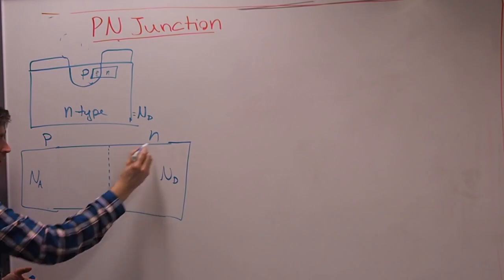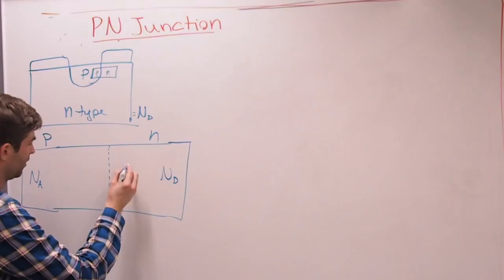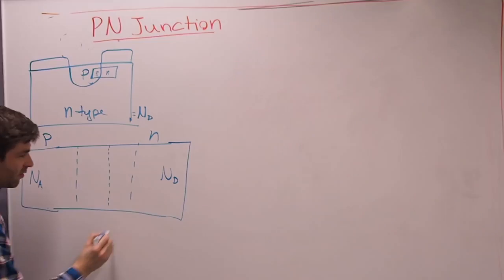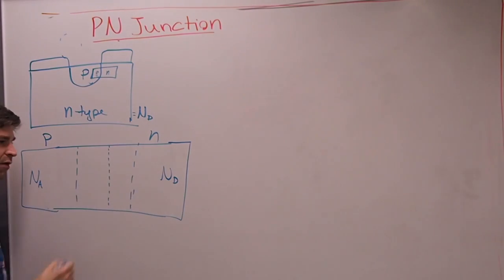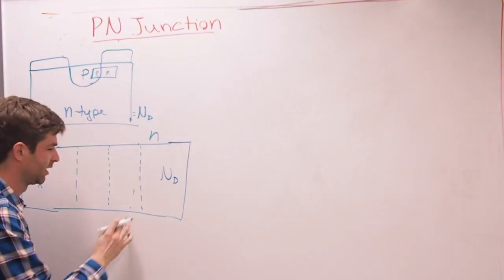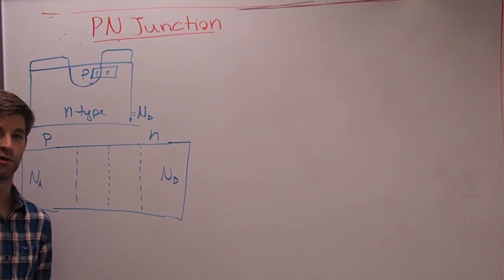Pn, right? So naturally diffusion takes place. Electrons will diffuse over to this P region. Similarly, holes will diffuse over to this N region. And in between, we get this region that is essentially depleted of all mobile charges.